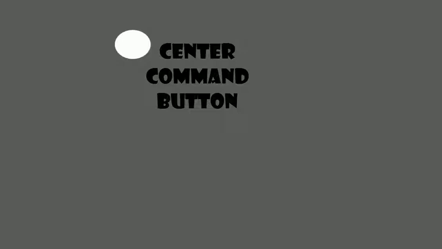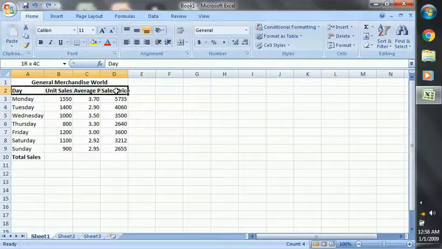Click on the center text button and the contents of these cells will be centered. This is one example of how you can use the center command separately from the merge command. This is because the texts are contained in single cells, so we don't have to merge. We just go right ahead and center. As you can see, the texts in these cells have been centered.